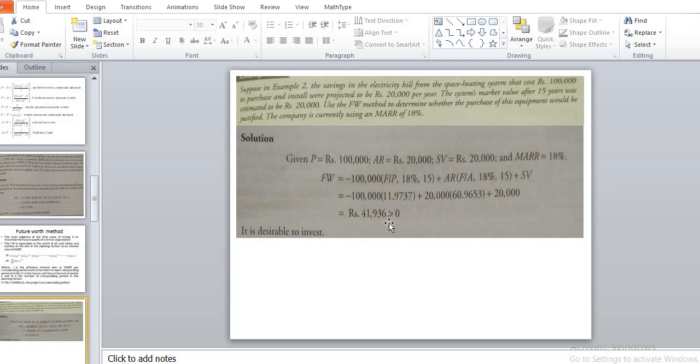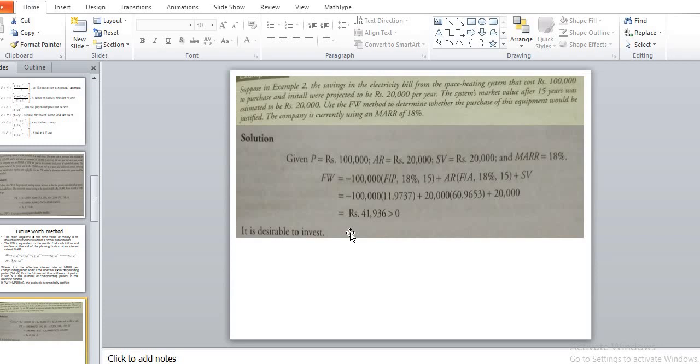So this value comes as 41,936, which is greater than 0. If the future worth value is equal to or greater than 0, then we can consider the project as desirable. Here the value comes greater than 0, so we can consider that it is desirable to invest.